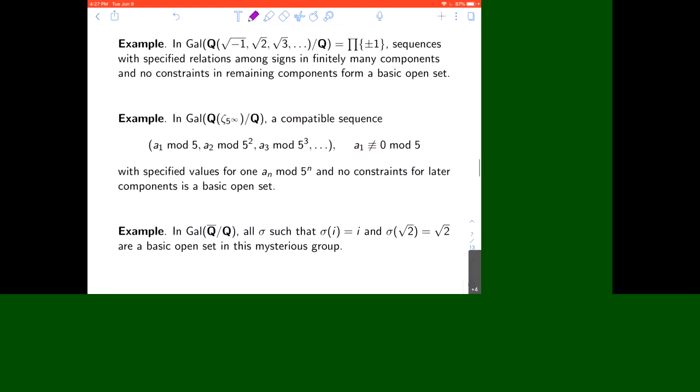Not necessarily independently, but maybe together. Like to fix the Q join root 6, the components in root 2 and root 3 have to be equal, whether they're both 1 or both minus 1, and I don't care what happens anywhere else. Independent choices.